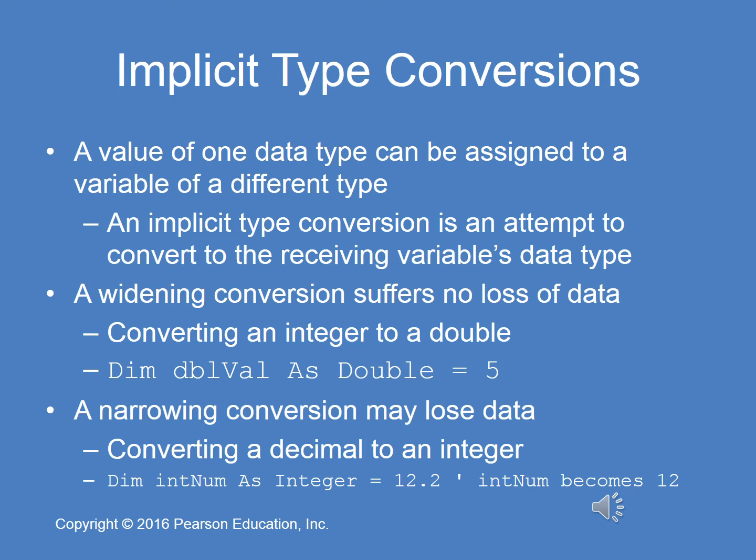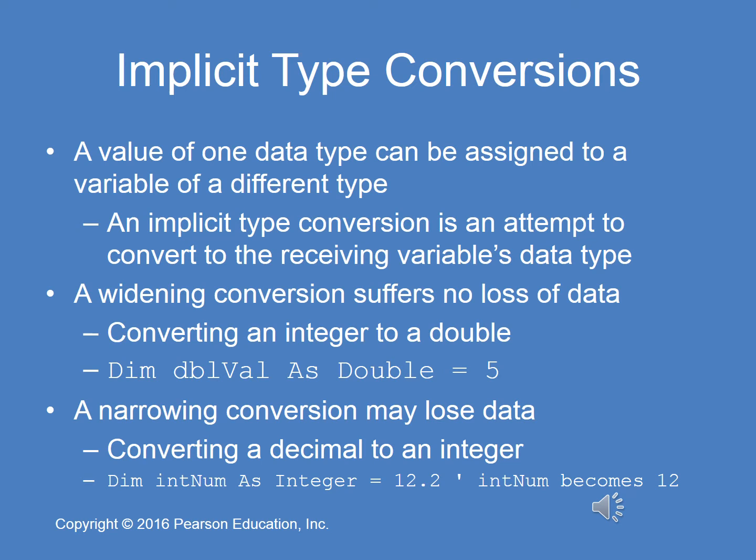A widening conversion typically suffers no loss of data, which means converting an int, such as 5, with no decimal component, no fractional component, to a double is called a widening conversion. So here's an example. Dim double val as double equals 5. So we're taking 5, which has no decimal point, so that's an integer, and we're assigning it to a double in a declaration statement. So we're both declaring double val and giving it an initial value of 5. That 5 gets converted to 5.0.